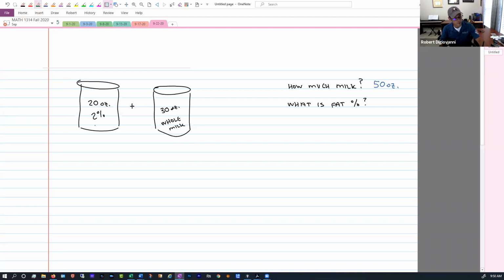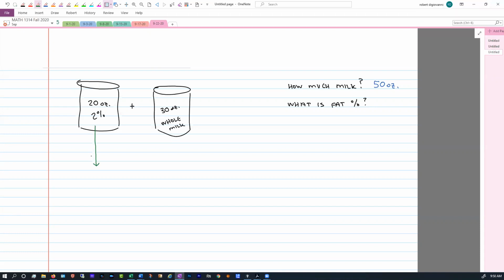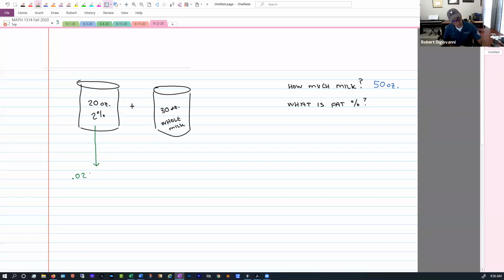So to figure out the first one, does someone want to tell me what I'm going to multiply together to figure out how much fat was in that first one? 0.02 times, close, not 2. How much milk did we have in there?